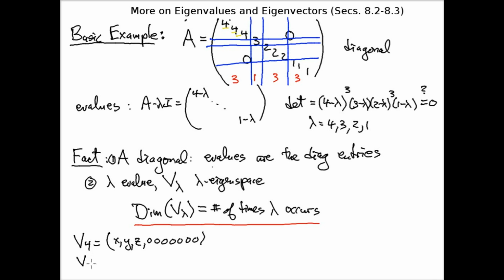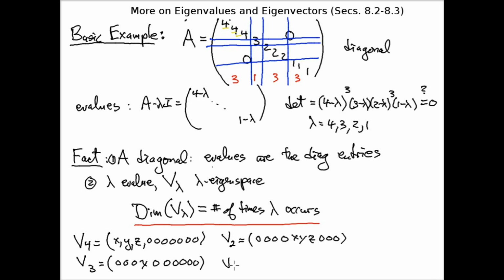And similarly, V3 is just this coordinate, which is to say 0, 0, 0, x. And V2 is 4 zeros, x, y, z, and 3 zeros.